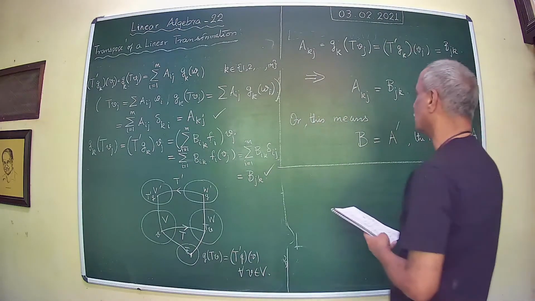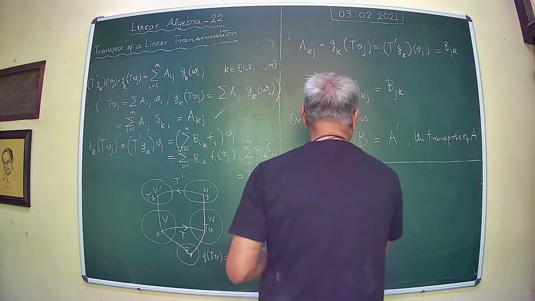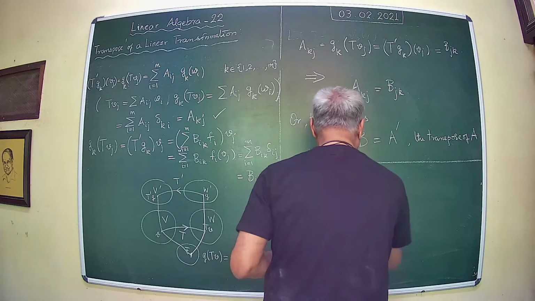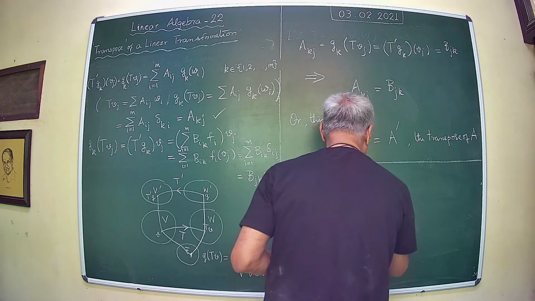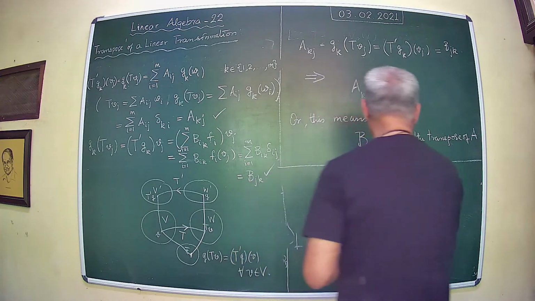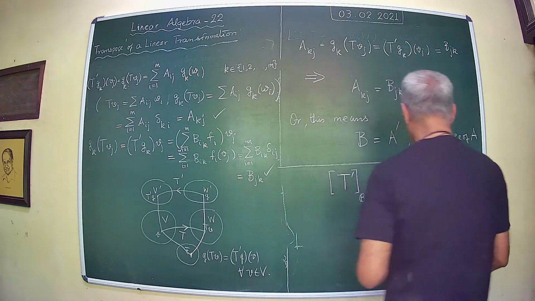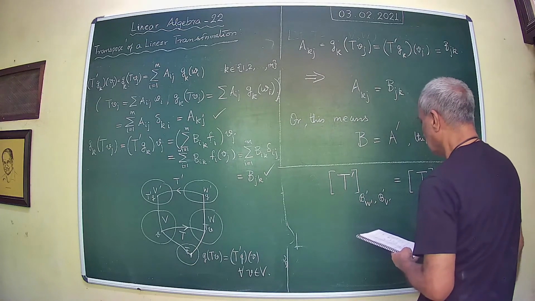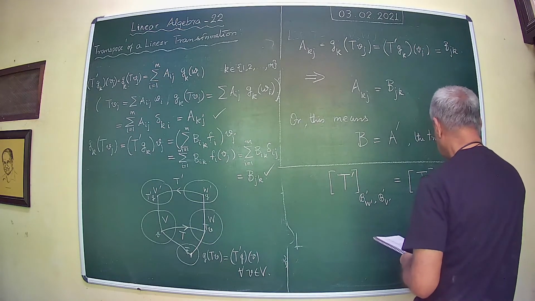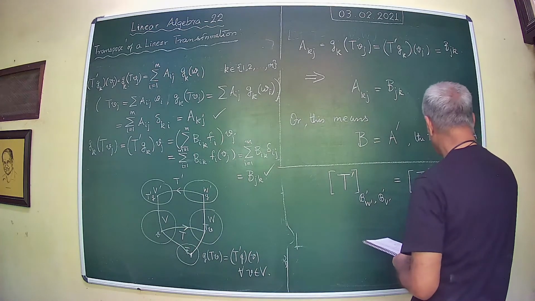Okay, so what you have is this, that the matrix representation of T prime with respect to the dual bases W prime and V prime is given by the matrix representation of T transpose.